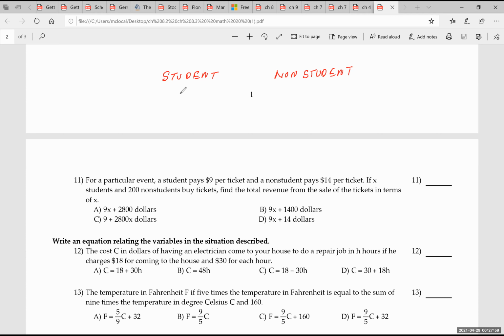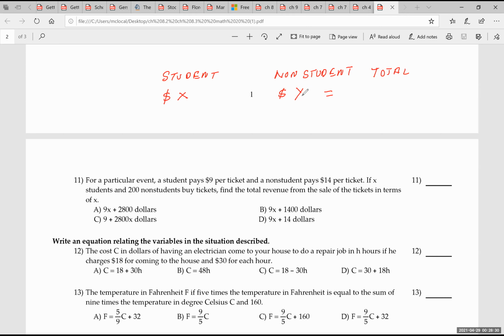Let's say the number of students is X, and the number of non-students is Y. If you put a dollar amount here and a dollar amount here, they'll give you the total dollar amount of the students and non-students.